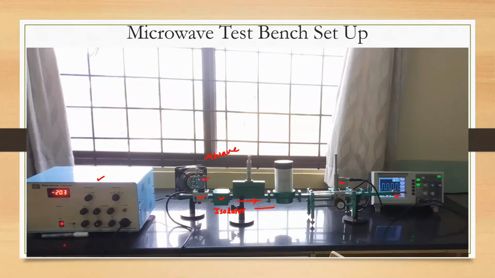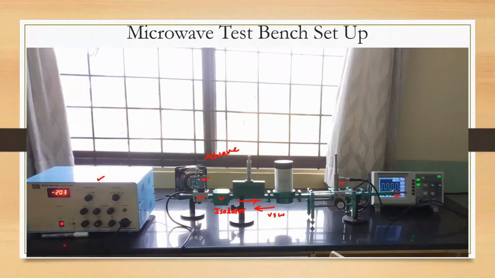Part of the energy comes in the reverse direction, and this will lead to voltage standing waves, correct? And these voltage standing waves may harm the generation of the microwave signal itself, or might harm the device as well. Both possibilities are there. That's why the reflected energy should not reach the source. So the isolator allows only unidirectional flow of energy.